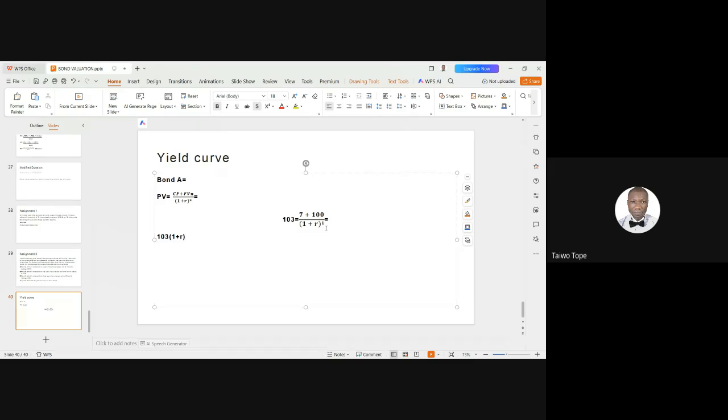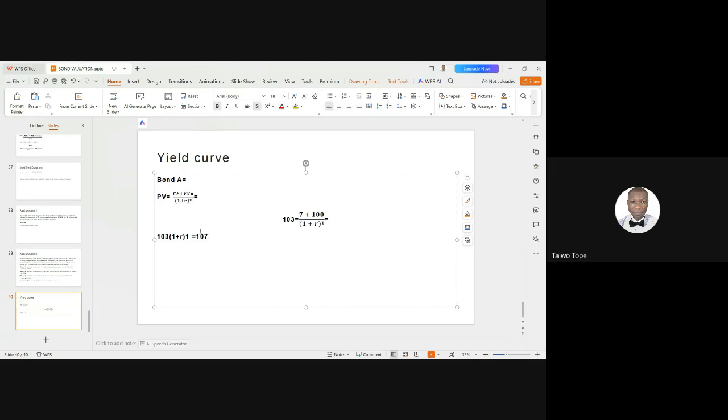But let me put it to avoid confusion. There is a concept I want to prove with this: to the power of 1, so that when it is 2, you know what to do. So now these will be equal to 7 plus 100, which is 107.